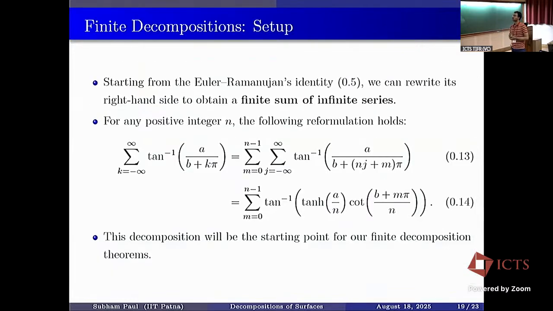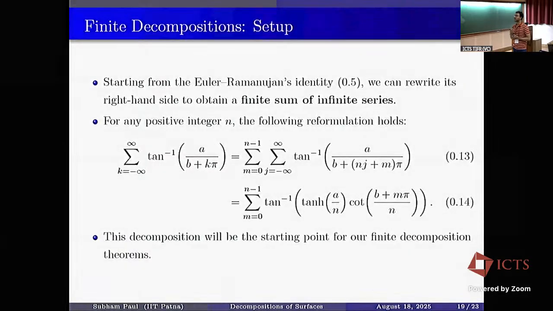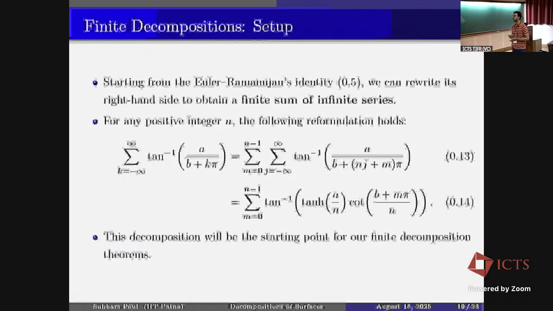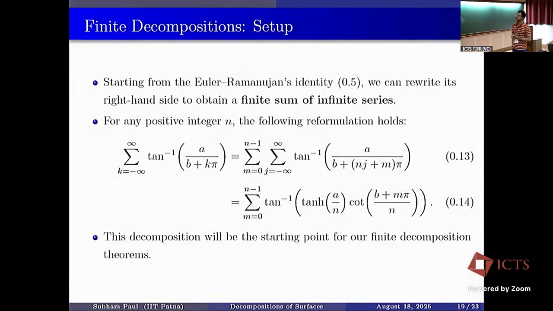Now we'll talk about the finite decompositions. Kamian also found some finite decompositions of Scherk's surfaces in terms of themselves. For that, we can break this summation into finitely many infinite sums. Equations 0.13 and 0.14 show how we can break these decompositions.